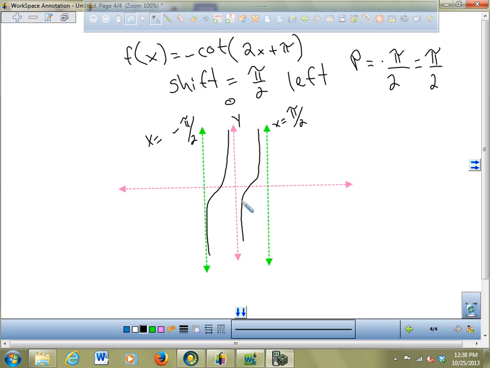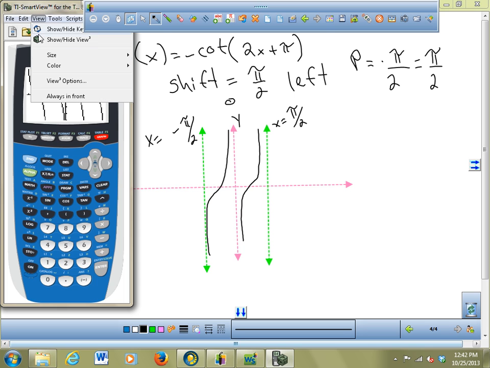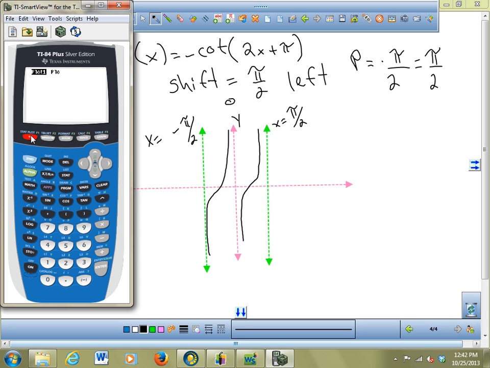Do you want me to check on my calculator? Okay, let's check on my calculator. And so, how would I put that into my calculator? I've got to go always in front. So I'm going to go in here, and I go y equals, second, insert a negative sign. And then I want to do 2x plus pi.